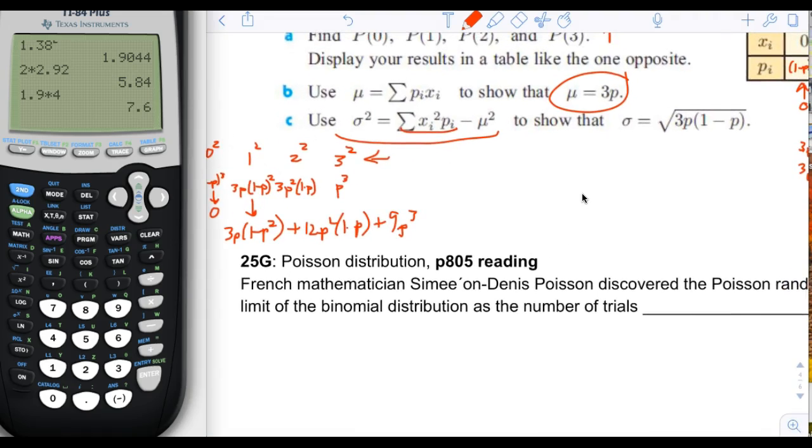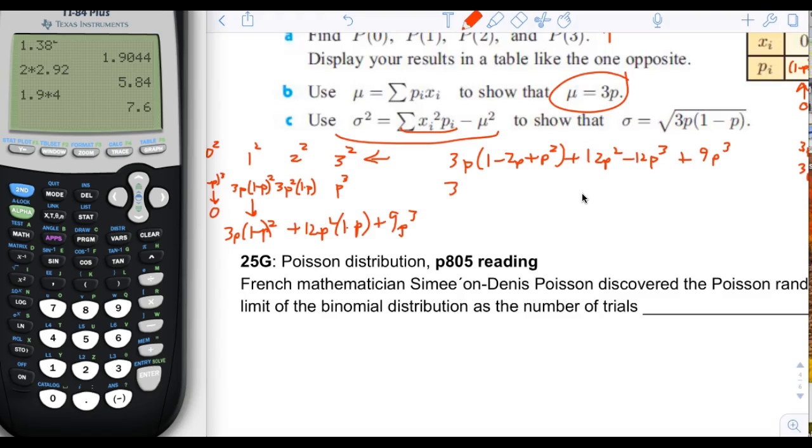So let's simplify that. So the first term is going to expand to 3p. Oops, do you see what I did? I wrote something wrong here. It's (1 minus p) squared, not 1 minus p squared. So it's going to be 3p times (1 minus 2p plus p squared) plus 12p squared minus 12p cubed plus 9p cubed.